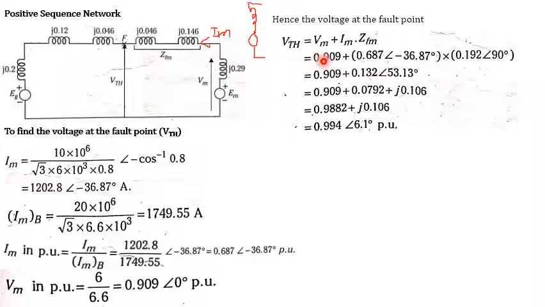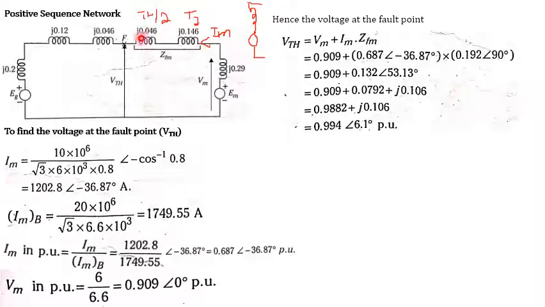So the Vm value is 0.909 we got. The Im value in per unit we already got, this is 0.687. So what is the ZFM? ZFM is nothing but the transformer T2 and the transmission line, half of this value. Okay, by 2. Why are we considering this by 2?